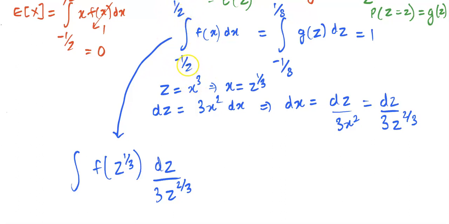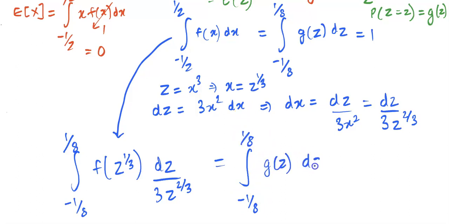So if x is minus 1/2, z would be minus 1/8. And when x is half, z would be 1/8. And so that would equal the right hand side of the equation that we have here. So minus 1 by 8 to 1 by 8, g of z dz.